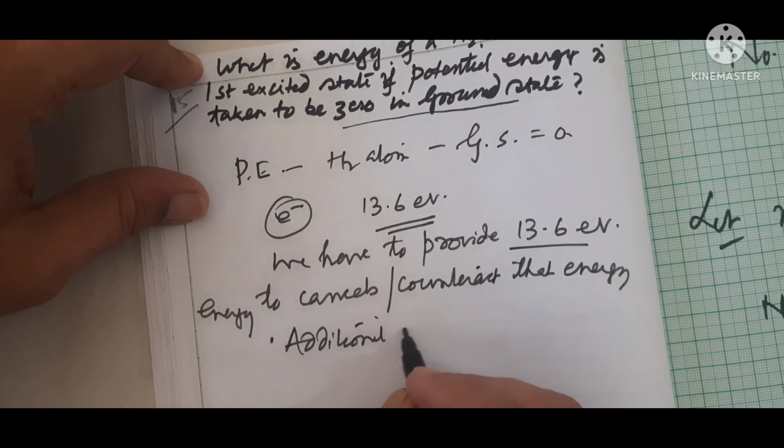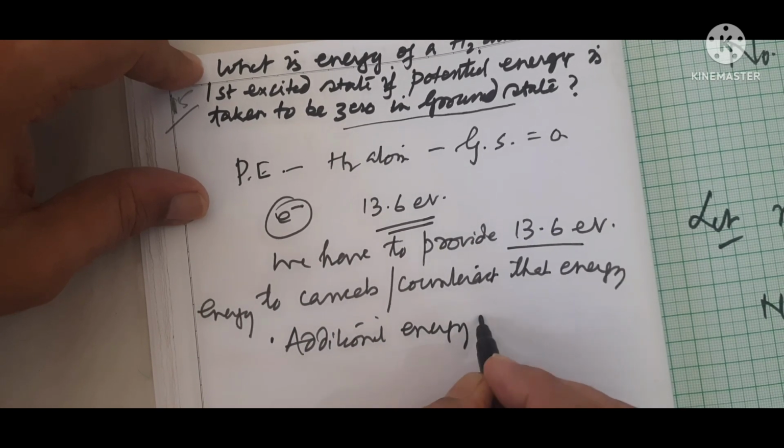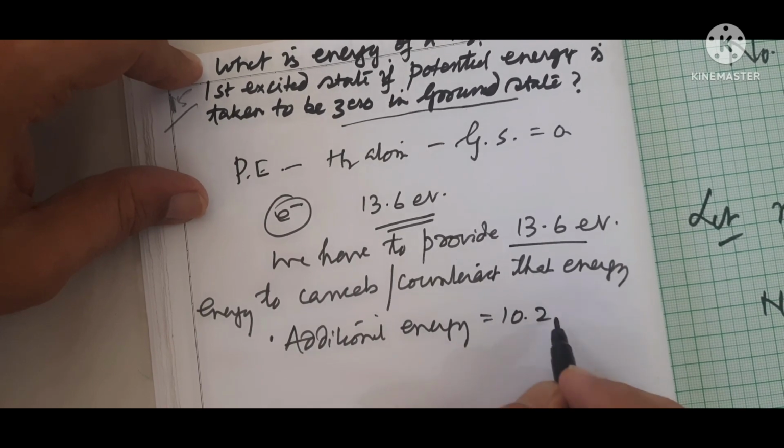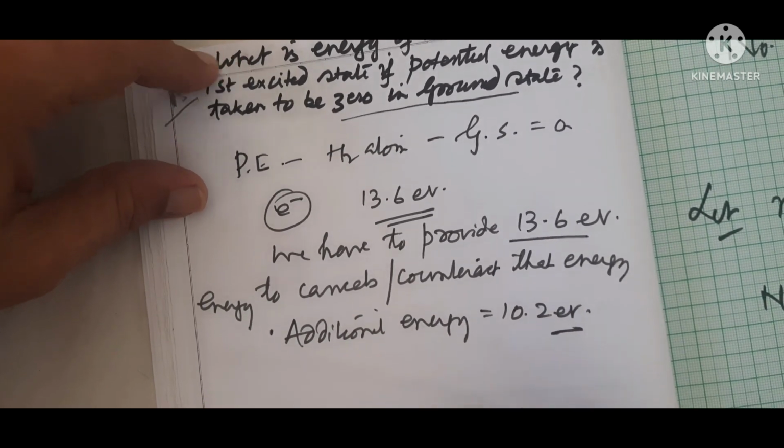Additional energy, how much? That is 10.2 electron volt also required.